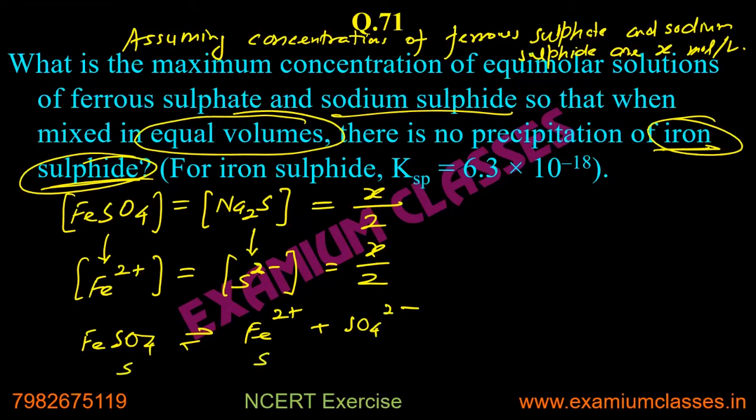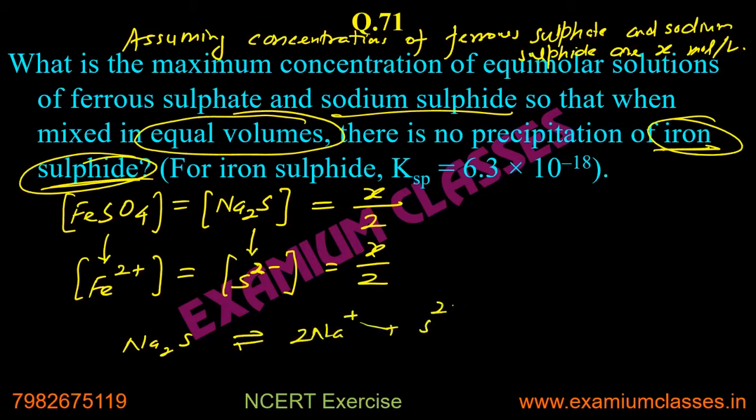Similarly, Na2S gives you 2 Na+ and S2-, a 1:1 ratio. So the concentration of S2- is the same as that of Na2S, that will be x by 2.